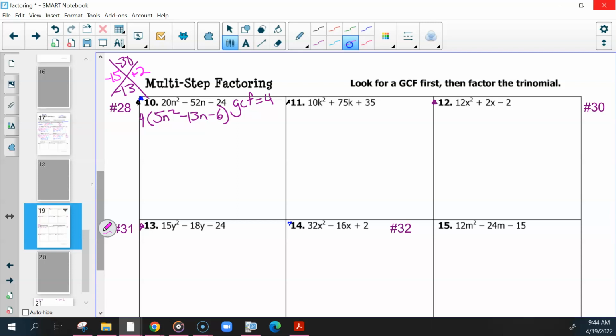So then we are going to do the same process, but just bring the 4 down. We'd have 5n squared minus 15n plus 2n minus 6. And then the GCF of the first two inside, I'm not worried about the 4 on the outside, would be what? 5n.